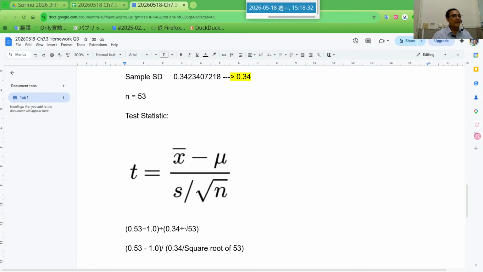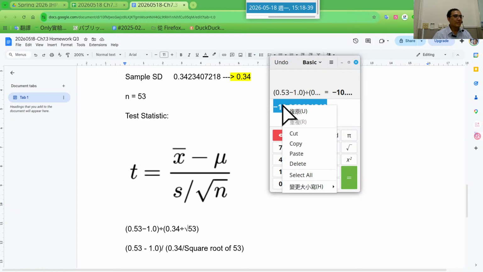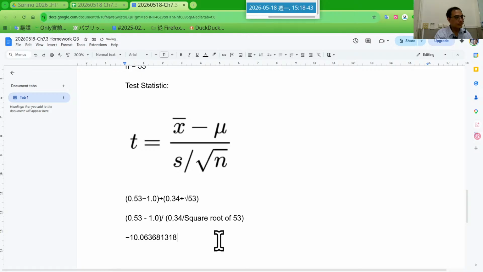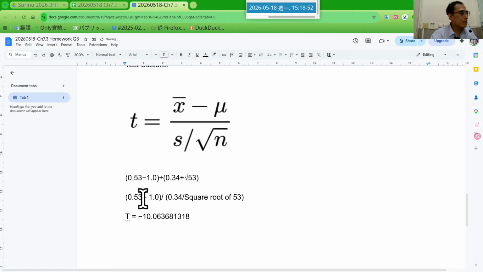Okay, and the answer could be minus 10. Copy. The T statistic or T score is minus 10.